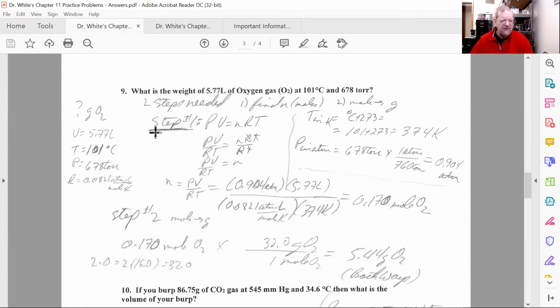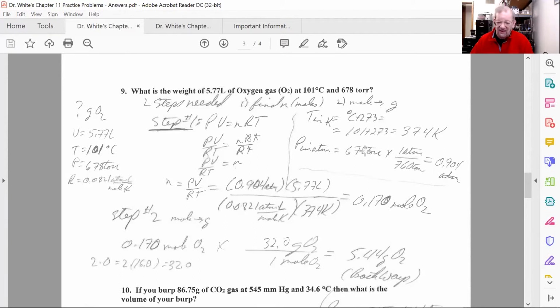Now, pressure for PV equals nRT has to be in atmospheres. Oh no, he didn't give it to us in atmospheres, because I've never seen a gauge that measures in atmospheres. What they do measure in is either millimeters of mercury or torr, and we have to convert torr to atmosphere. Use your good buddy, your good friend, unit analysis.